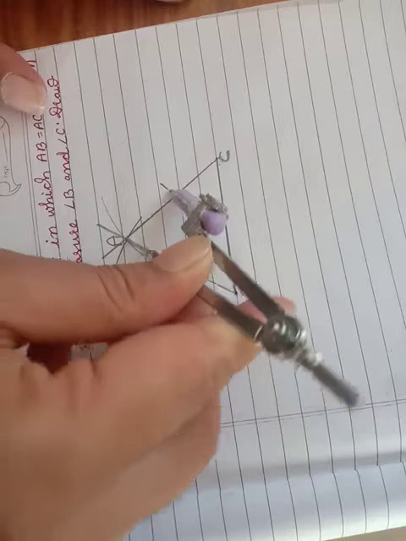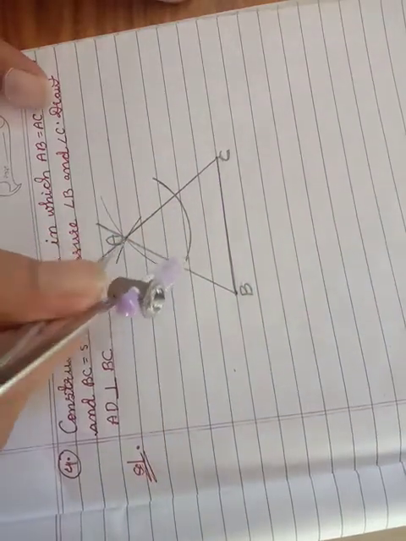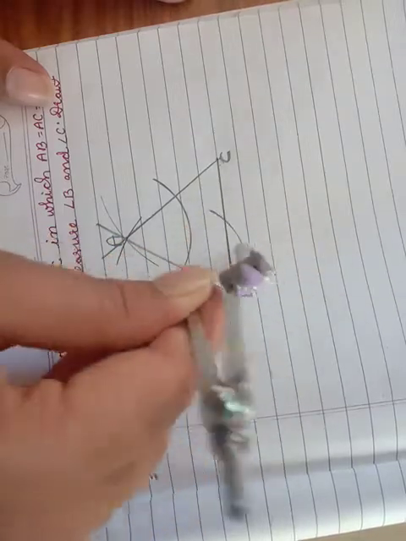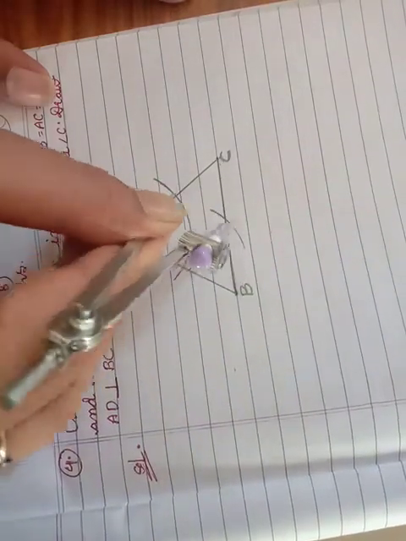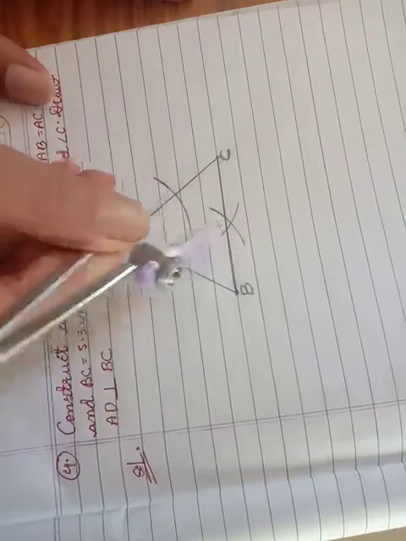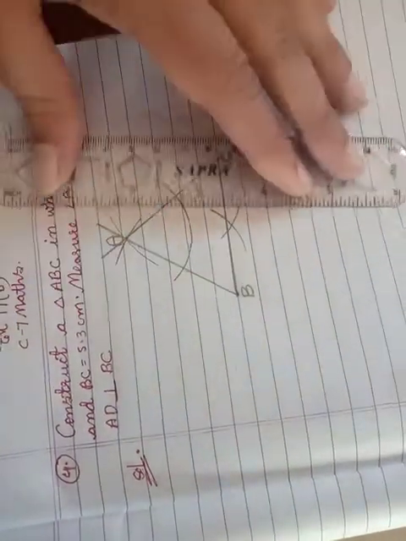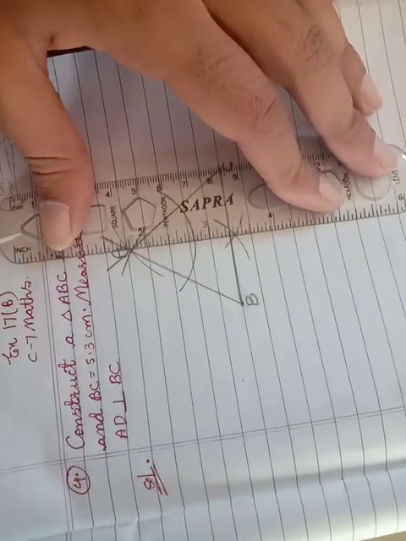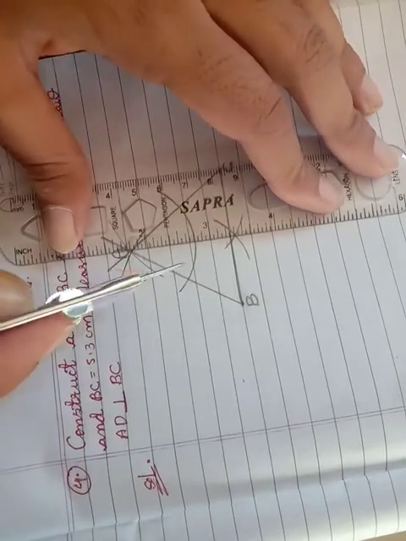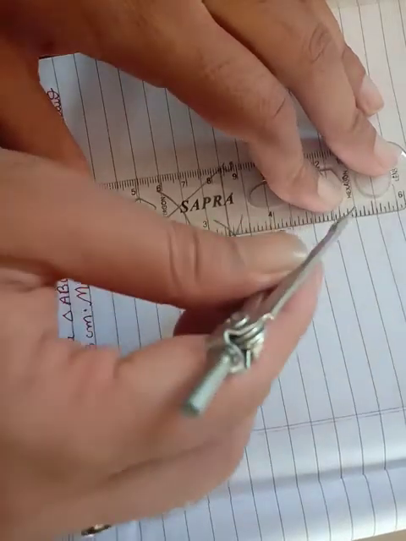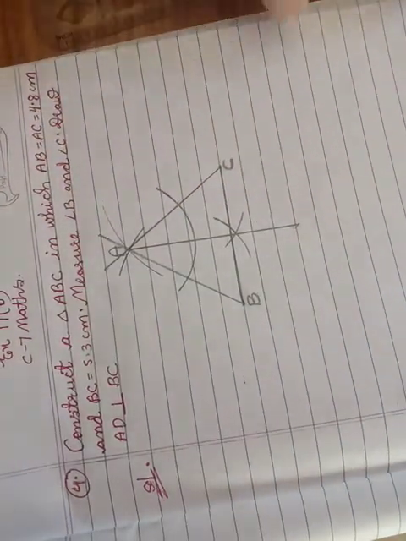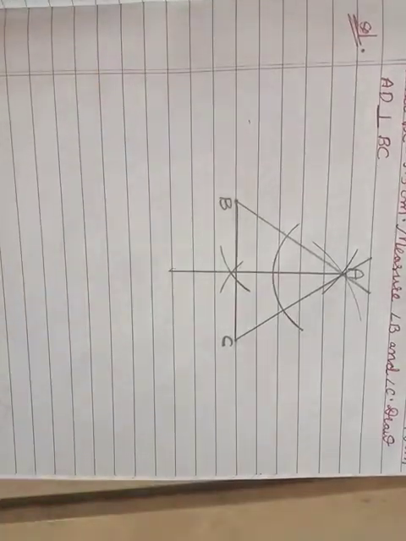Okay students, so we draw arc like this. Now after that, now students, we join this. Now students, this is AD perpendicular on BC.